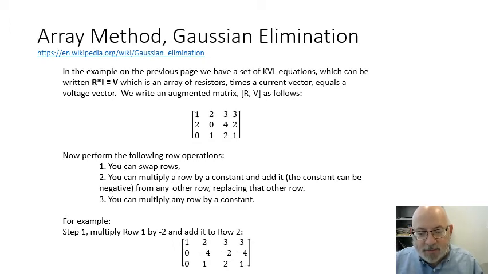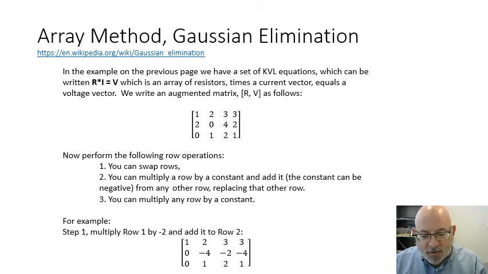I multiply each term in this row by -2, and add it to each term respectively in row 2, and I get -2 times 1 plus 2 is 0. -2 times 2 plus 0 is -4. -2 times 3 plus 4 is -2. And -2 times 3, which is -6, plus 2 is -4. So that single row operation does not change row 1 or row 3, but it changes row 2.